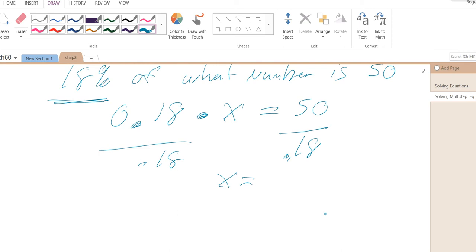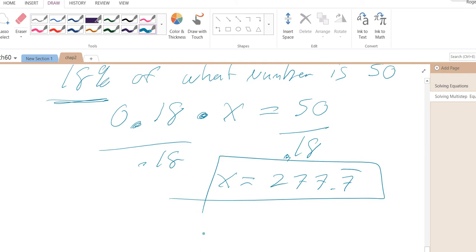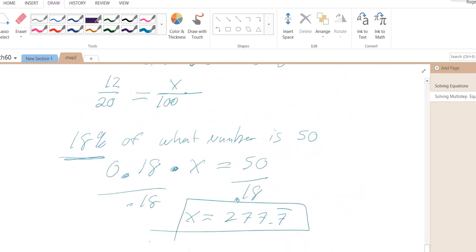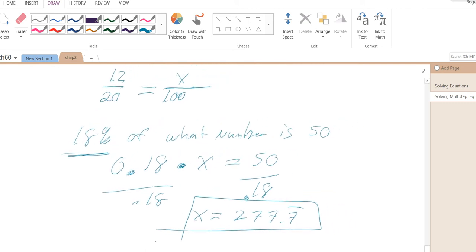No, 277.7 repeating. There it is. So that's all the percentage ones you're going to have to do. They're just pretty much straightforward what, of, is kind of percentage problems. Okay. Any questions on the percentage ones?